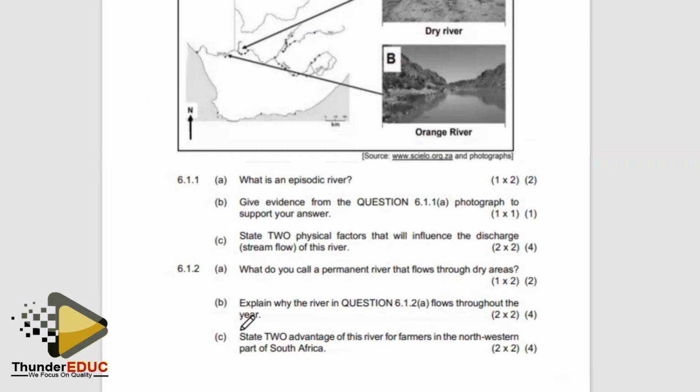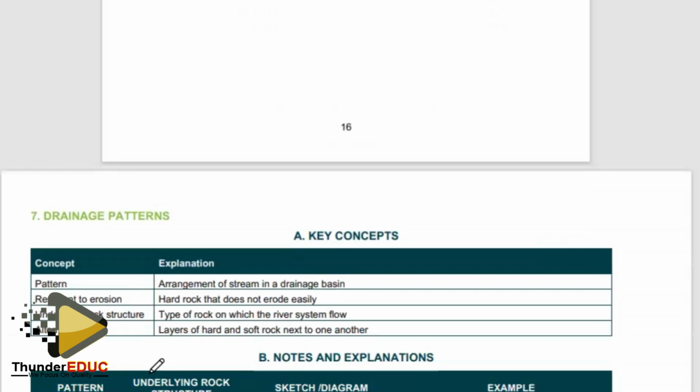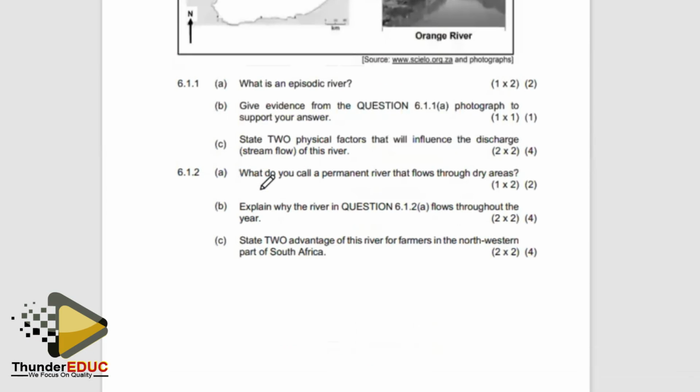That is going to guide you to determine if a river is permanent, seasonal, episodic or an exotic river. That is basically the drainage types of rivers.